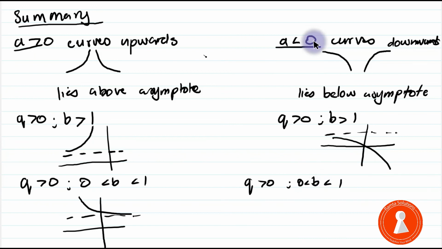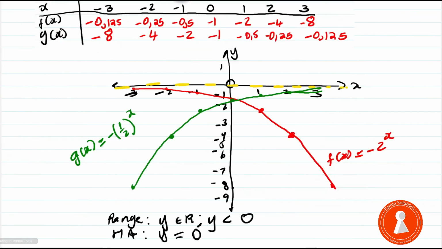Remember, this is when A is negative, so how will it be? It'll be like this. Can you see that? Let's confirm. B is greater than 0 but less than 1. It's like this. Okay.